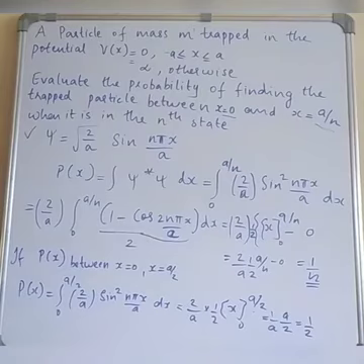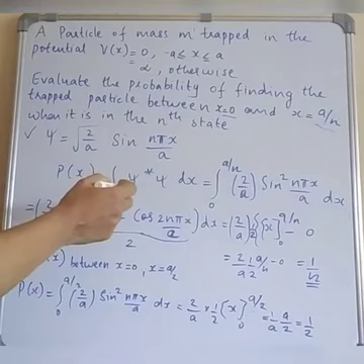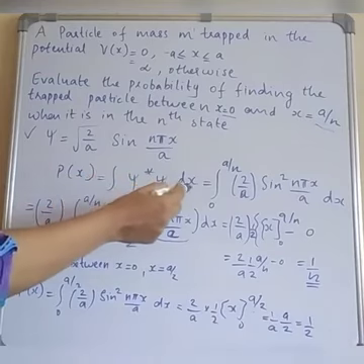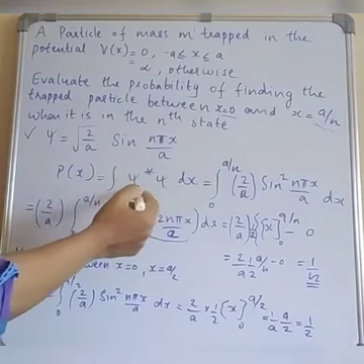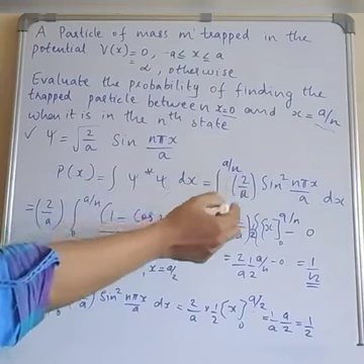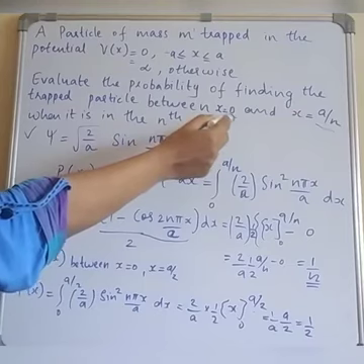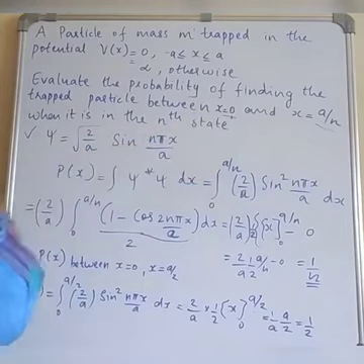So, we use the wave function square root of 2 by a sin n pi x by a, and as you know, probability is mod psi square, that is integral psi star psi dx. Apply the value of psi star psi, we have 2 by a sin square n pi x by a dx. Apply the limits because the probability is to be calculated from 0 to a by n.